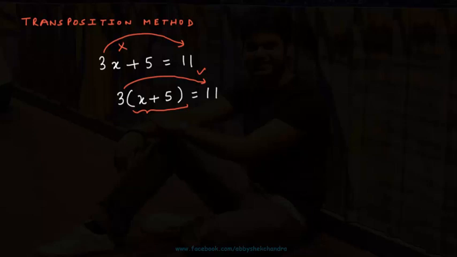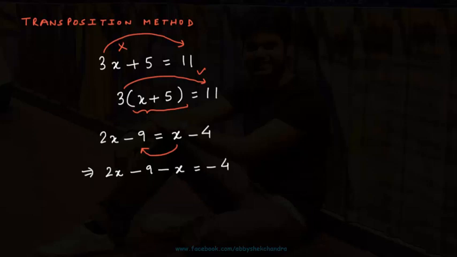There is one more point to be kept in mind. If variable exists on both sides of the equation, we first transfer all the variables to one side of the equation. For example, if the equation is 2x minus 9 equal to x minus 4. The first thing that we do is transfer x from the RHS to the LHS. So we get 2x minus 9 minus x equal to minus 4.